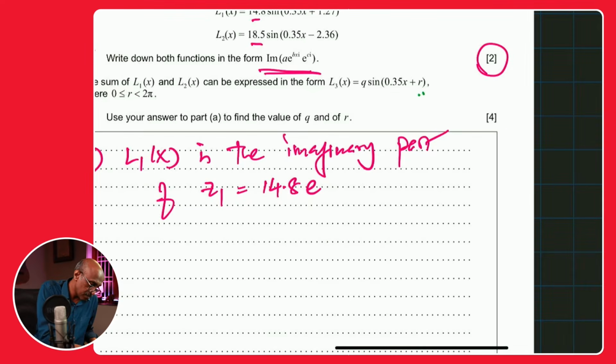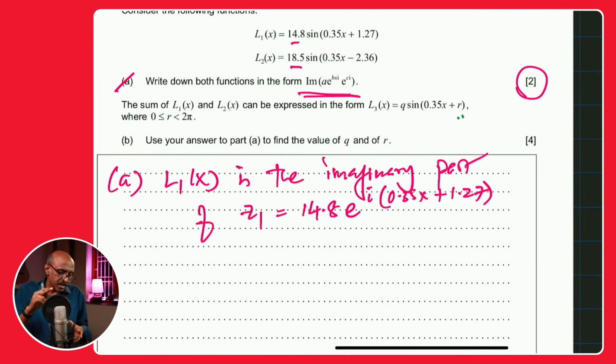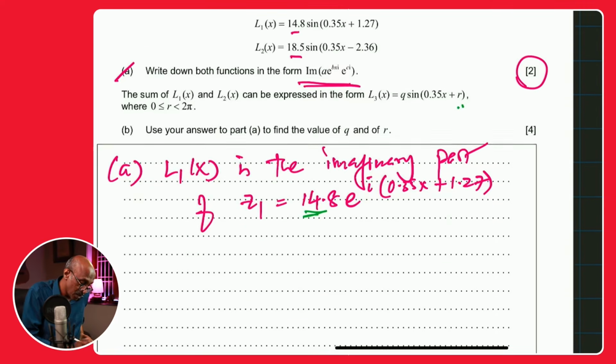Theta is the term 0.35x + 1.27. The r is that 14.8 you have here, and e to the power of i theta in the polar form is cos theta + i sin theta. The sin theta part is the imaginary part, as given here, so don't forget the i.